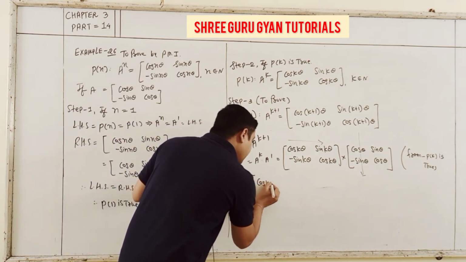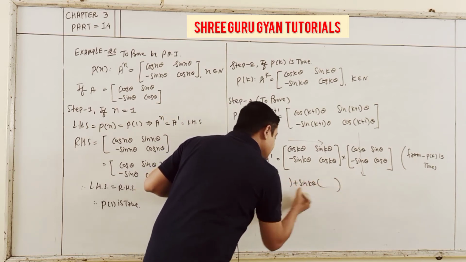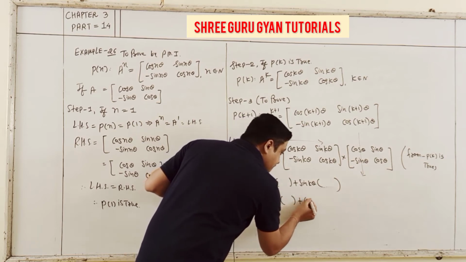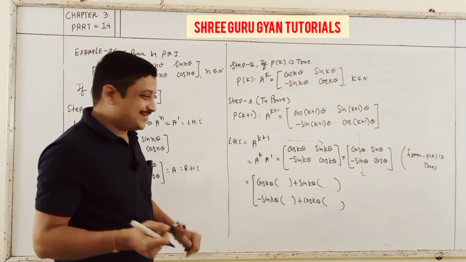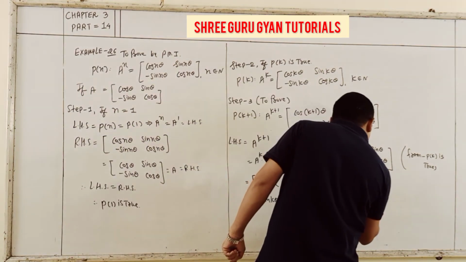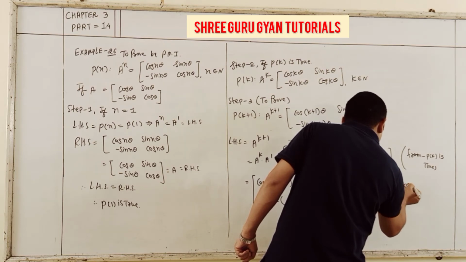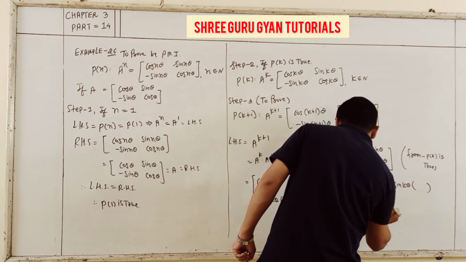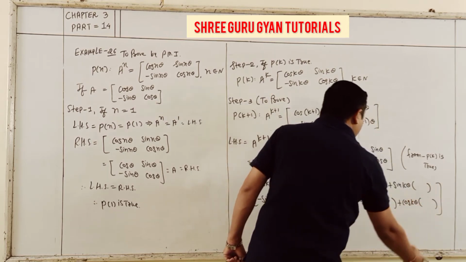Cos k theta with sin k theta, same is minus sin k theta, cos k theta. Column 2 time right. So continue. Cos k theta, sin k theta and last minus sin k theta plus cos k theta, and you apply the value.